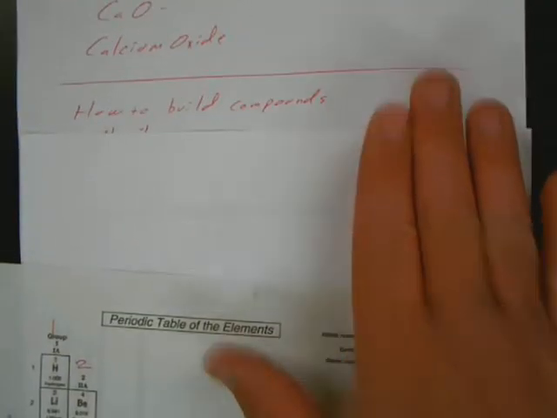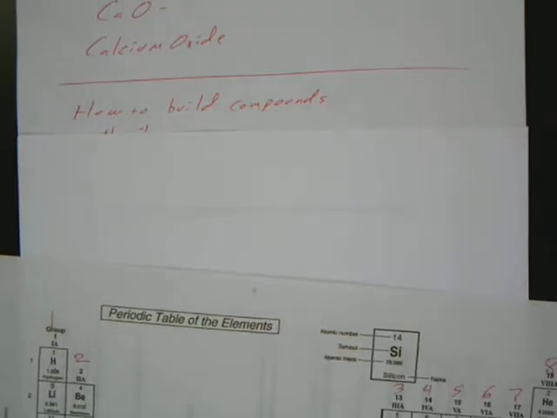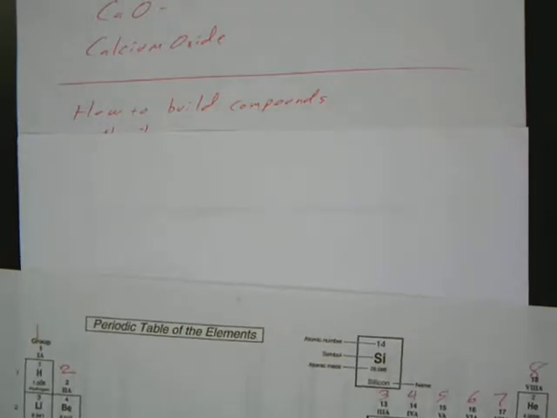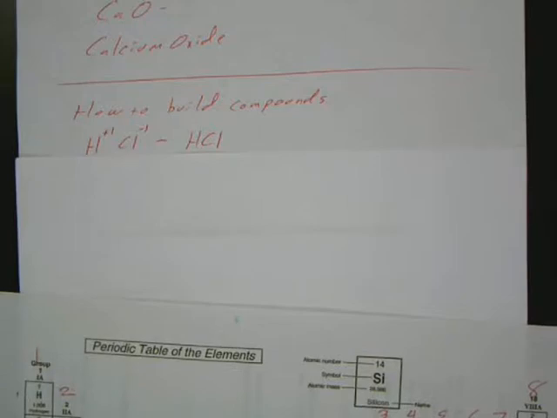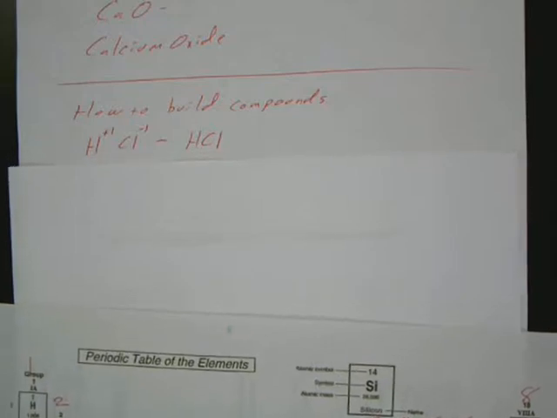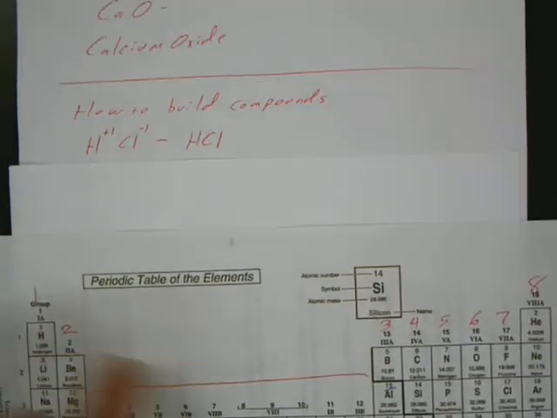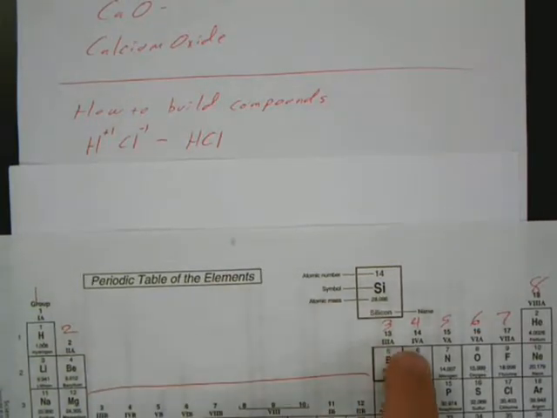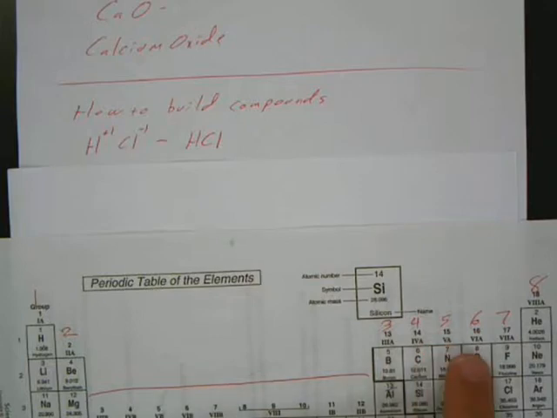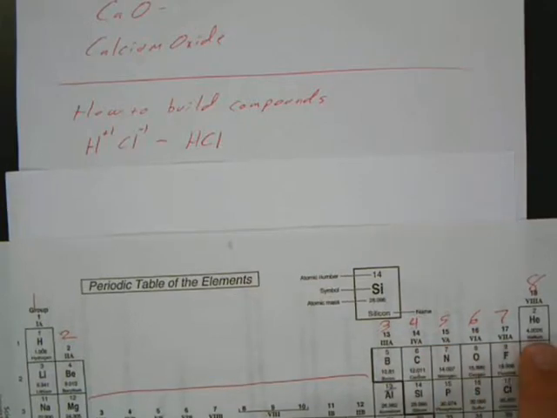This is just kind of a refresher. How to build a compound. You need to remember how to look on the periodic table and do the 1 plus, 2 plus, skip 3, plus, 4 plus, and then start counting down 3 minus, 2 minus, 1 minus, and 0, right?